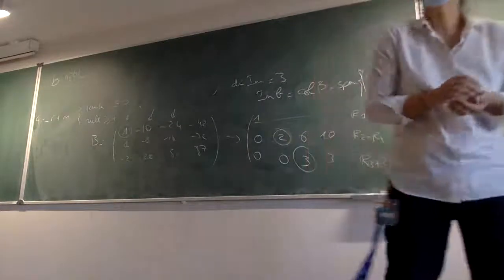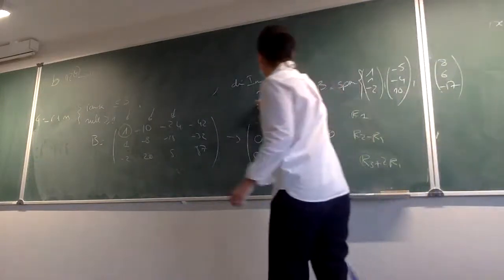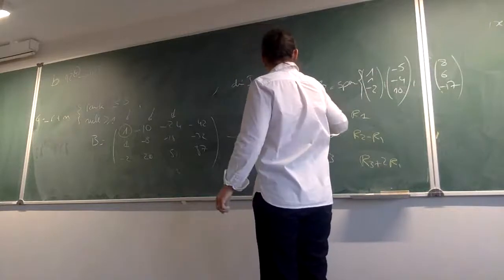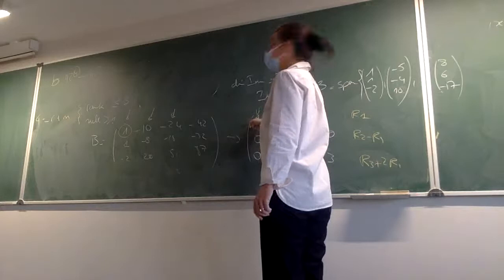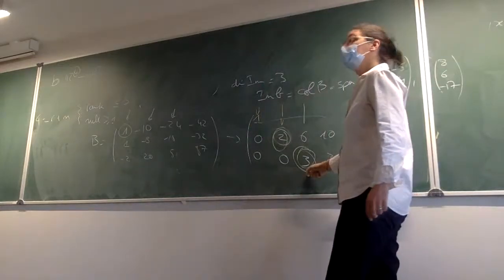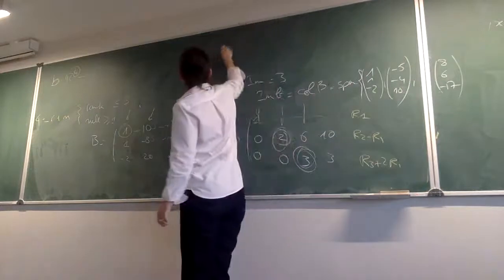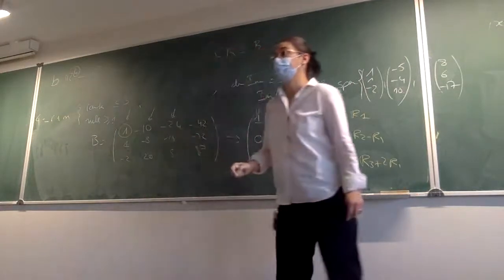Why did you choose the first 3? Because they correspond to my pivots. Pivots on first column, pivots on second column, pivots on third column. That comes from the CR decomposition that we saw during first semester.